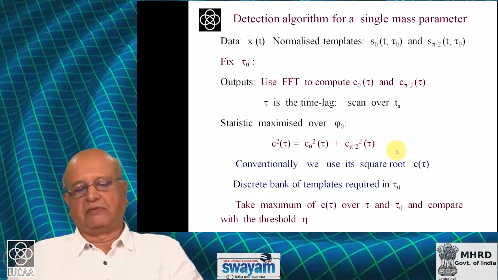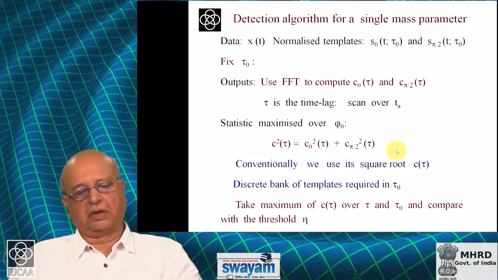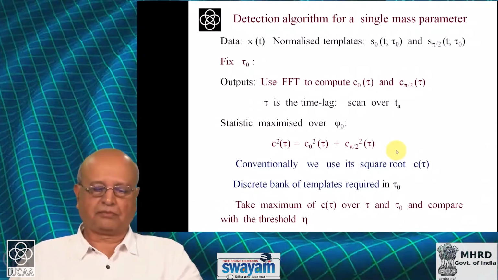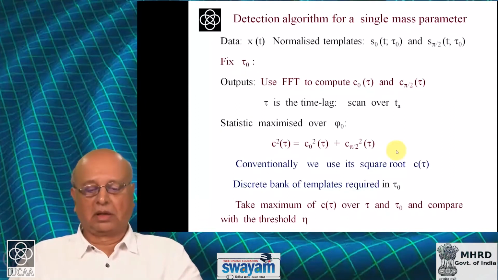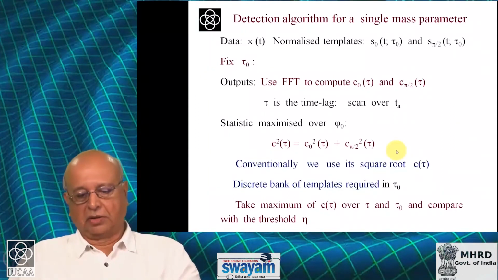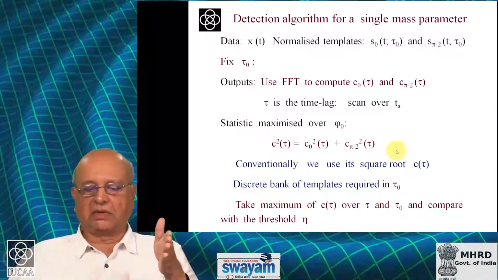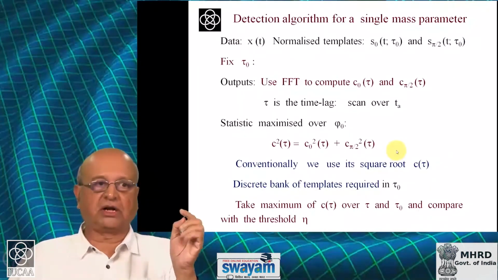So, conventionally we could always use C squared of tau for doing our detection, but conventionally we still use its square root, C of tau. But for tau naught, as I said, we require templates. So, we need to search in tau naught with a dense family of templates. So, that is what we do.